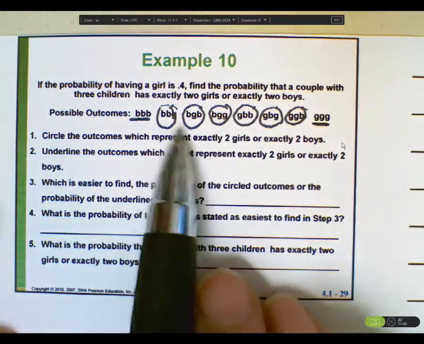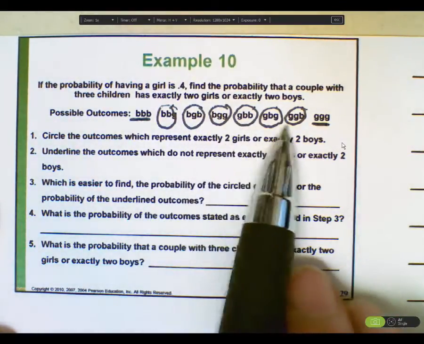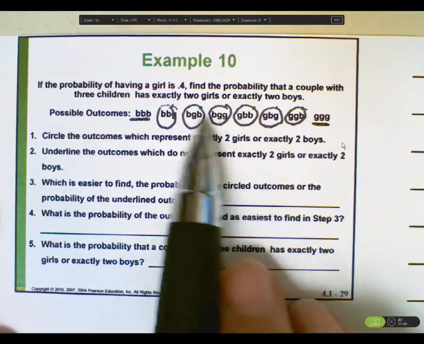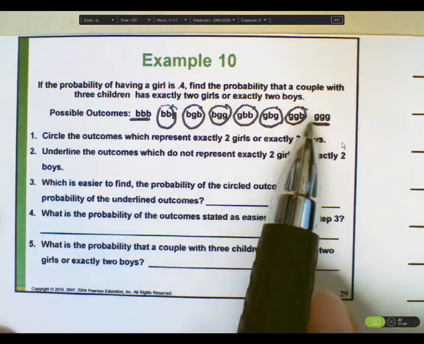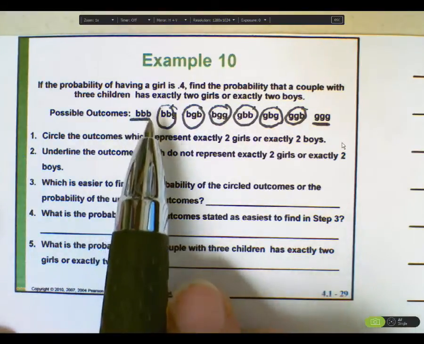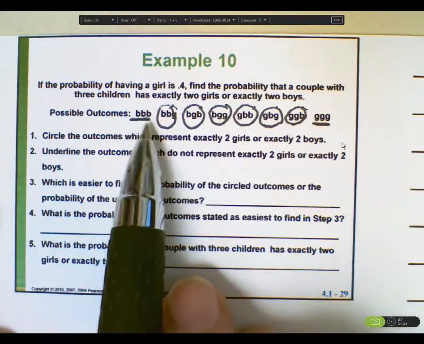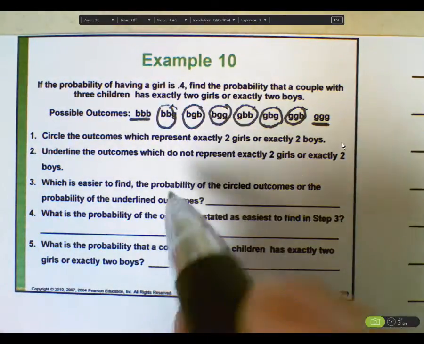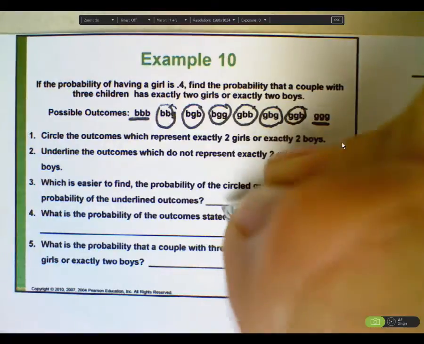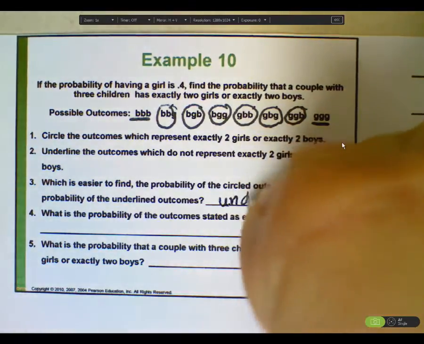Would it be easier to find the probability of these 6 events? That would involve multiplying 6 fractions. Or the probability of these 2 events? I think it would be much easier to find the probability of those 2 events. I'm going to say the underlined outcomes would be easier to find.